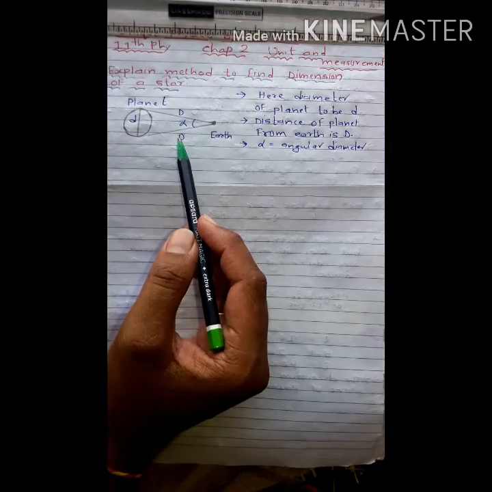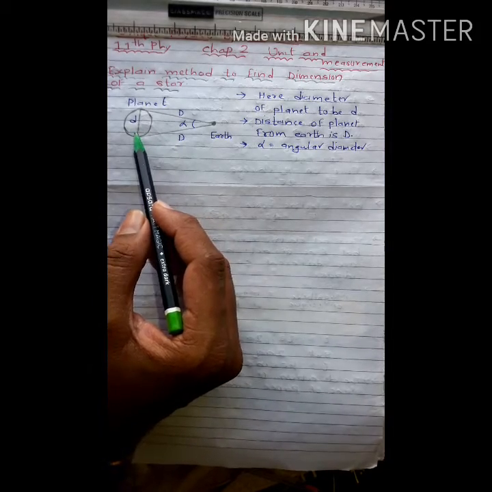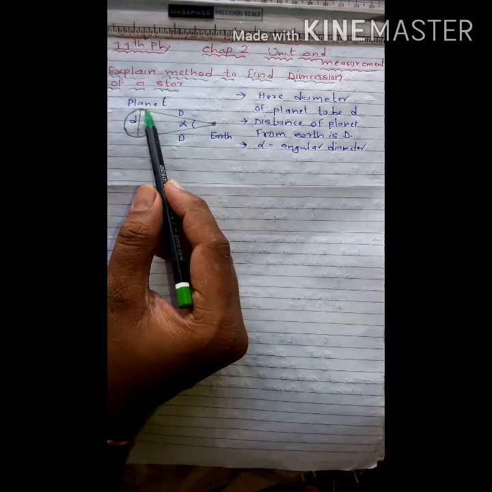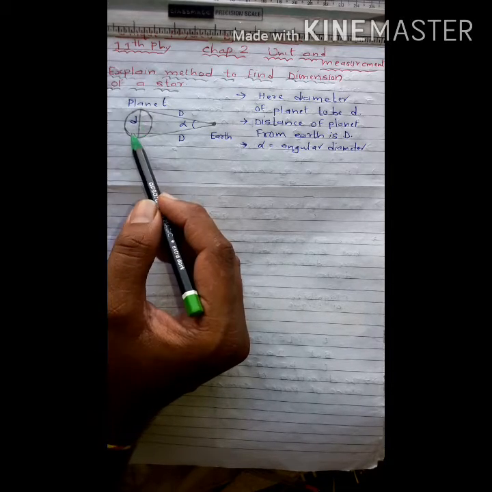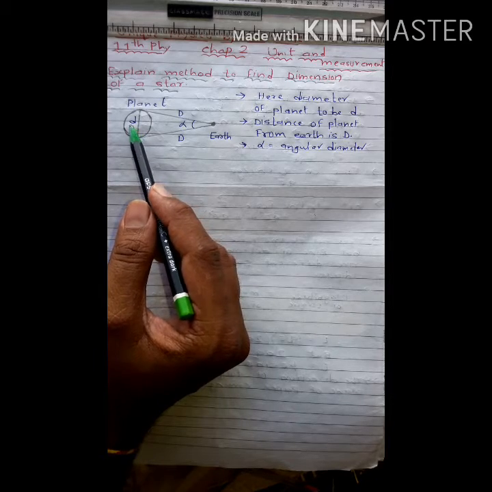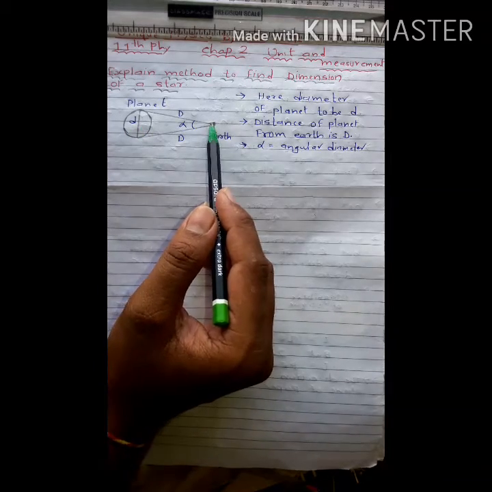See this figure very carefully. This is a planet. These are two diametrically opposite points on the surface of the planet. The diameter of the planet is denoted by small d. This is Earth.